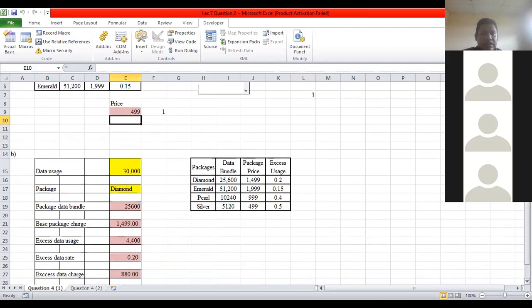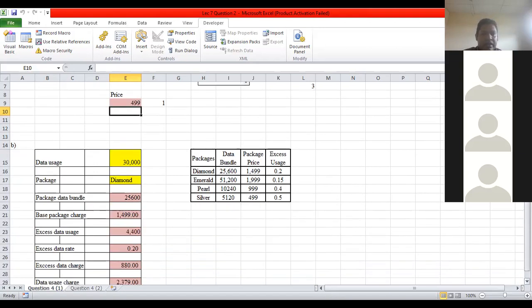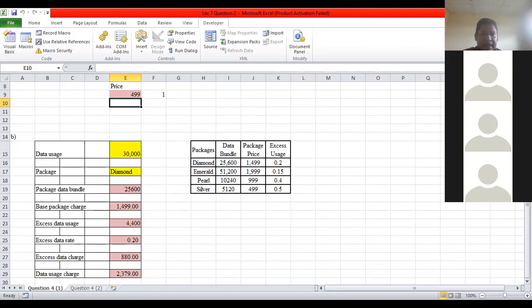In the next one, you can see that we are giving the data usage and the package. Once we input these two pieces of information, you need to come up with the rest of the information. Yes, you have done it very correctly. So can you change that data usage to 20,000?